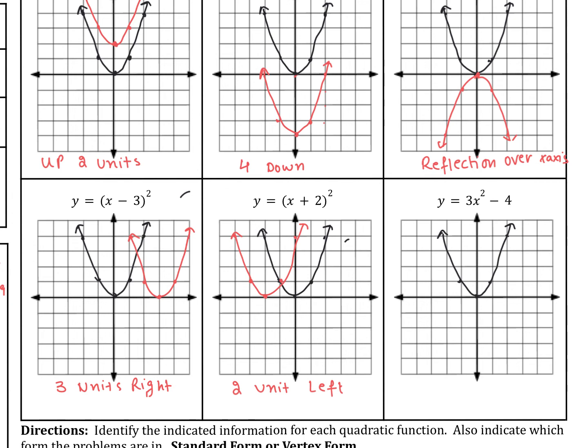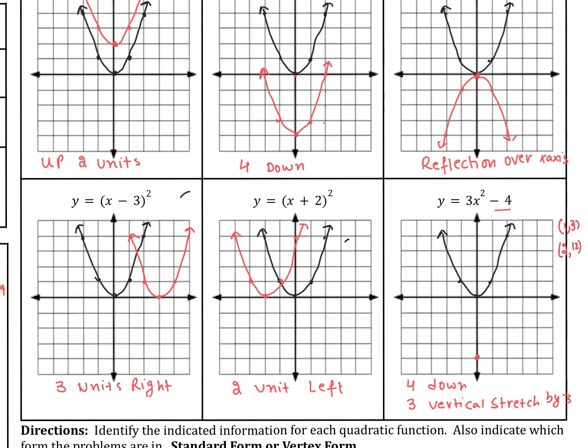For the next one, the graph is moved 4 down, and then the 3 in the front is a vertical stretch by 3. If it is a vertical stretch, for example, the points are normally 1 1, so in this case it's going to be 1 3, and 2 4 normally becomes 2 12.